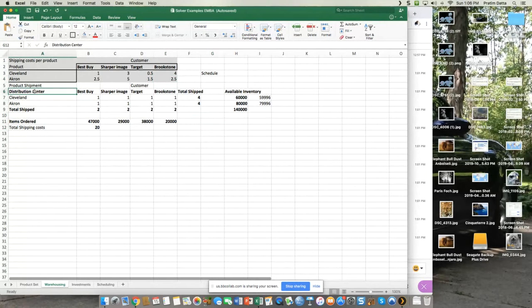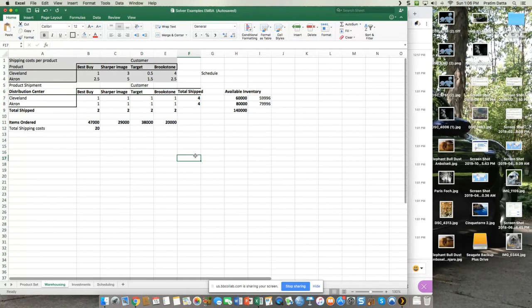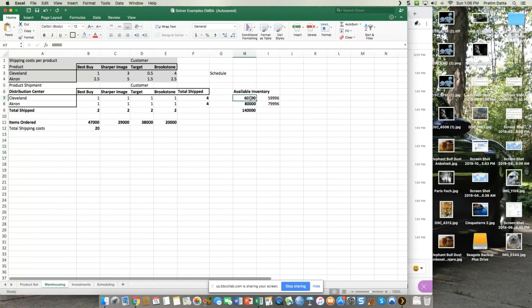Now, from these distribution centers, the company has two things that are very important to them. Firstly, how much inventory can each warehouse hold? Looks like the Cleveland warehouse can hold 60,000 pieces of inventory. The Akron warehouse can hold 80,000 pieces of inventory, right?